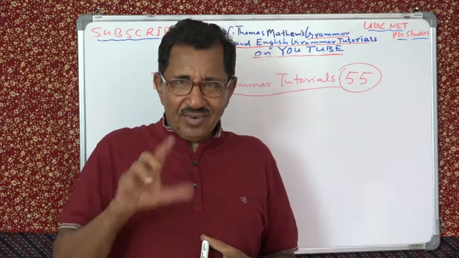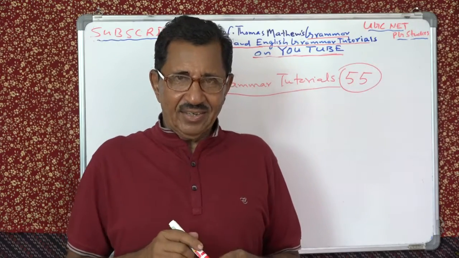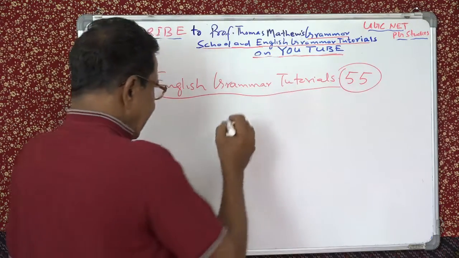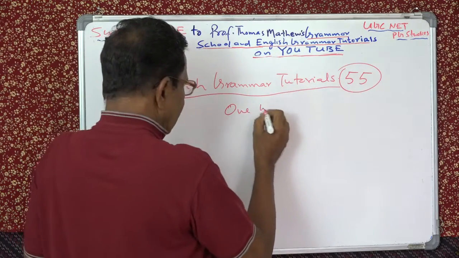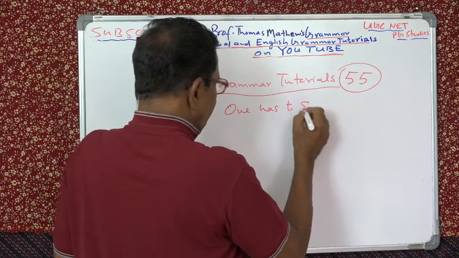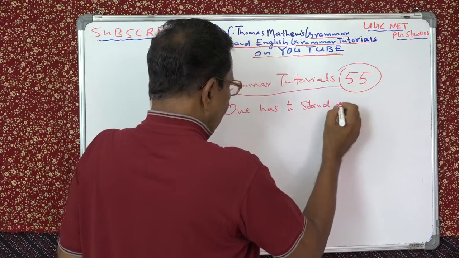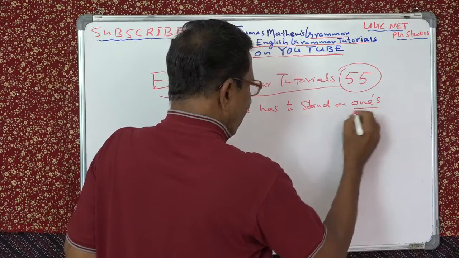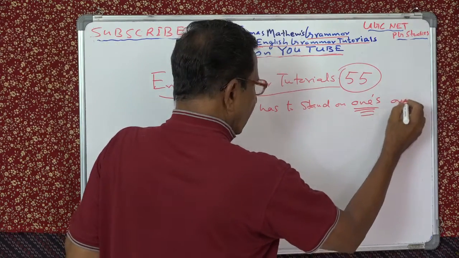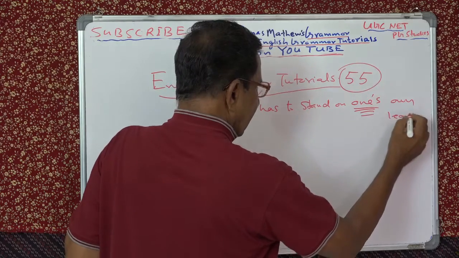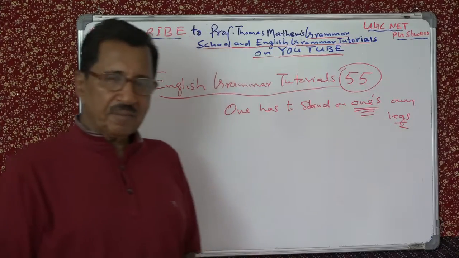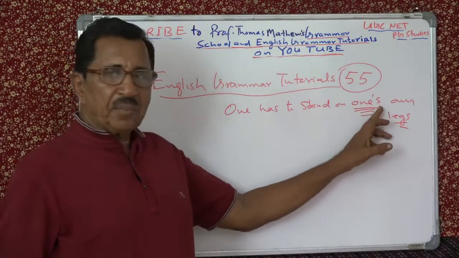You know that impersonal or general one. For example, we say that one has to stand on one's own legs. So this is a possessive adjective, but you are using an apostrophe.